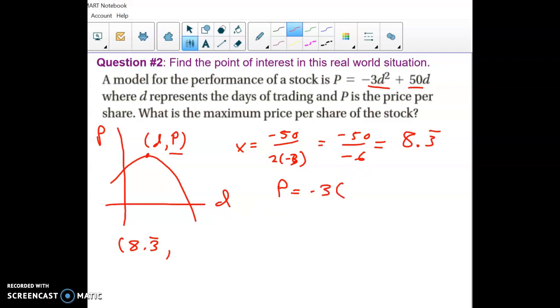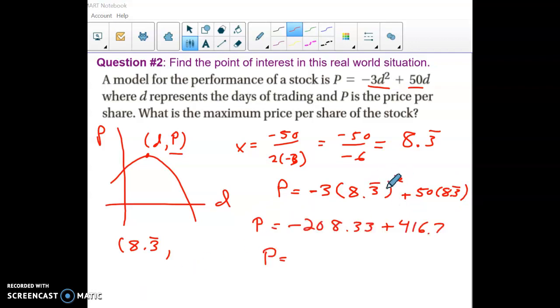So negative 3 times 8.3 repeating squared plus 50 times 8.3 repeating. Okay, so I'm just going to pound away on my calculator here. Make sure you square it first, then take it times negative 3, and you should get negative 208.